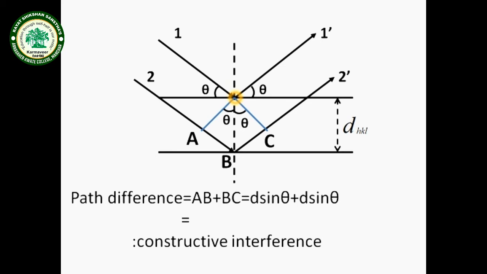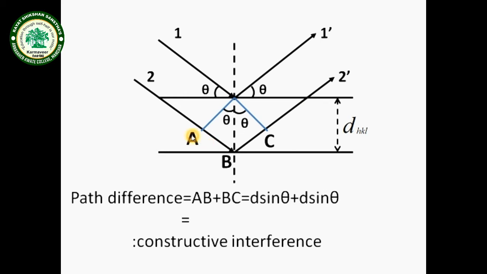That extra distance is denoted in this diagram as A, B and C, because before point A and after point C, both the incident and reflected X-rays are parallel to each other, so they will travel the same distance.